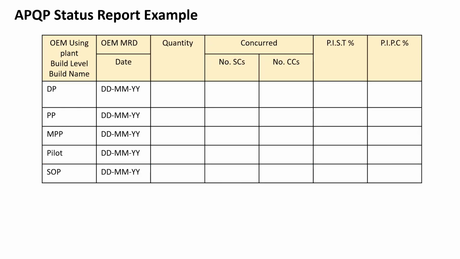APQP status reports: these are the trial run phases like DPPP, MPP, pilot, SOP. These are all things we need to consider. In general, if you are developing software, then you will have the milestones, right? The same way you will have the manufacturing build level or the build name, like OEM plant level phases.